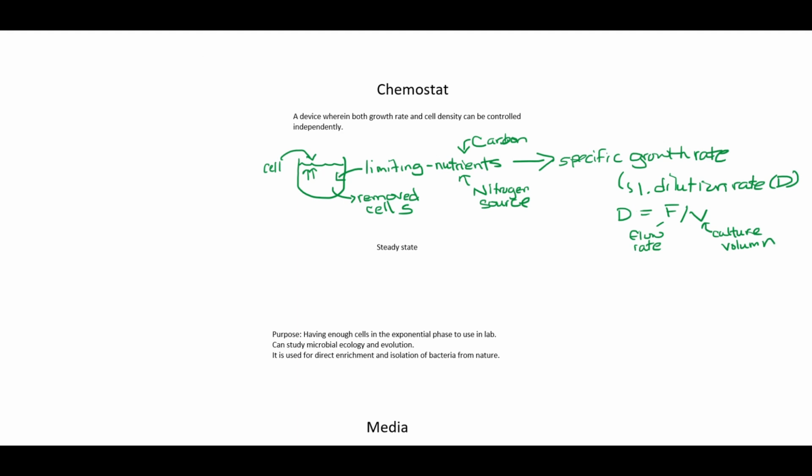The second one is the concentration of the limiting nutrient.